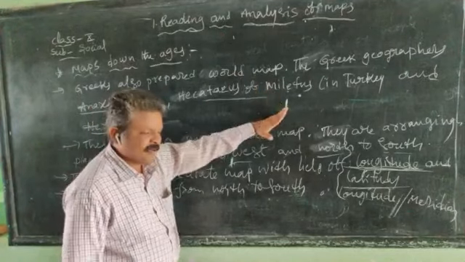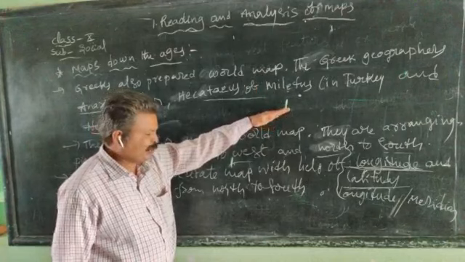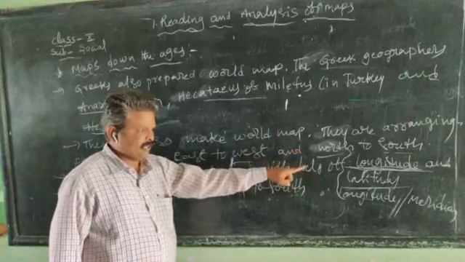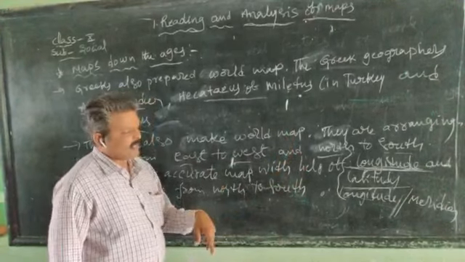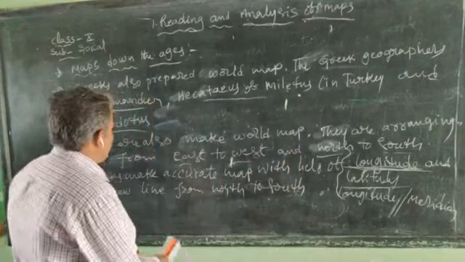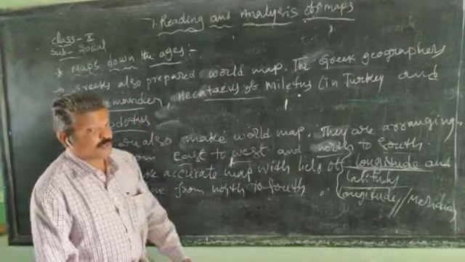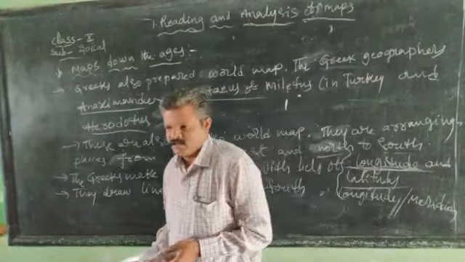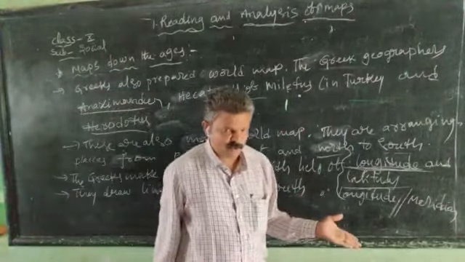Next, the Babylonians, the people of Iraq. They also prepared a world map, placing Iraq exactly in the middle, and developed another feature. Next, the Greeks. They also added some additional features, especially what we use today.